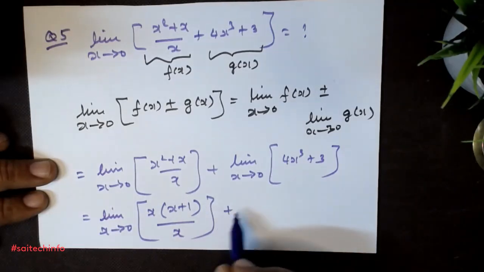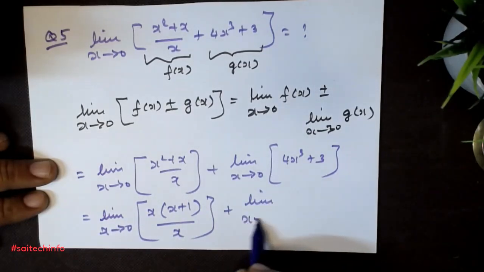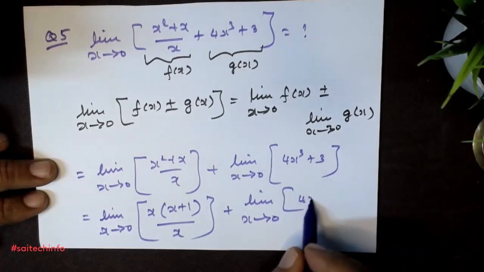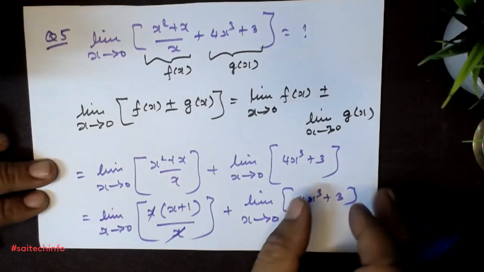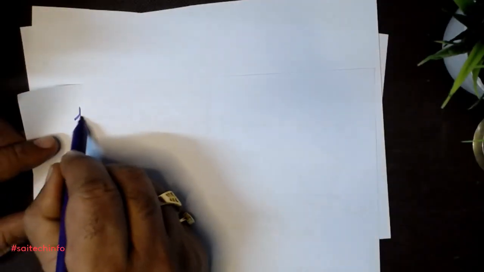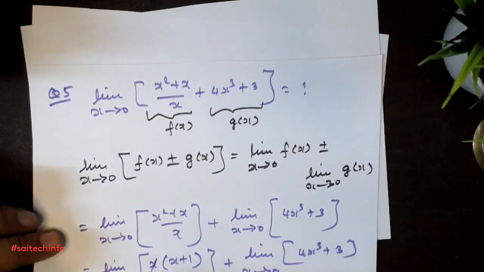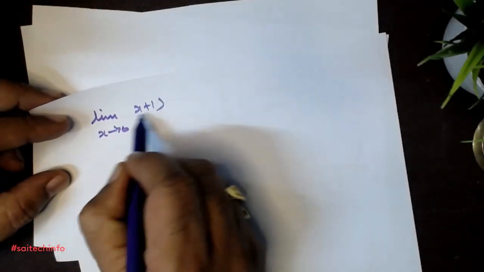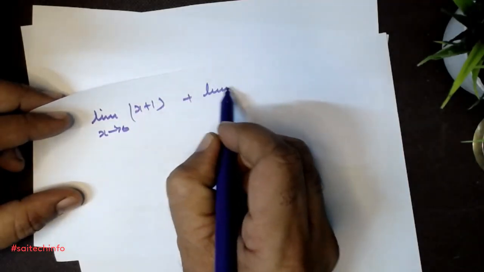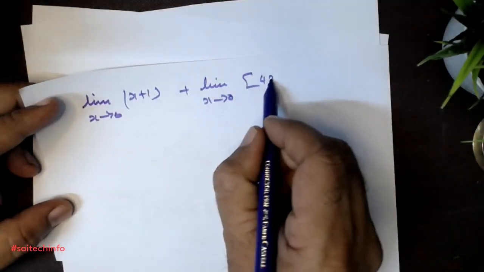Okay, plus limit x approaches 0 of 4x cube plus 3. So this can be cancelled. Therefore the limit of x plus 1 only. So limit x tends to 0 of x plus 1, plus limit x tends to 0 of 4x cube plus 3.